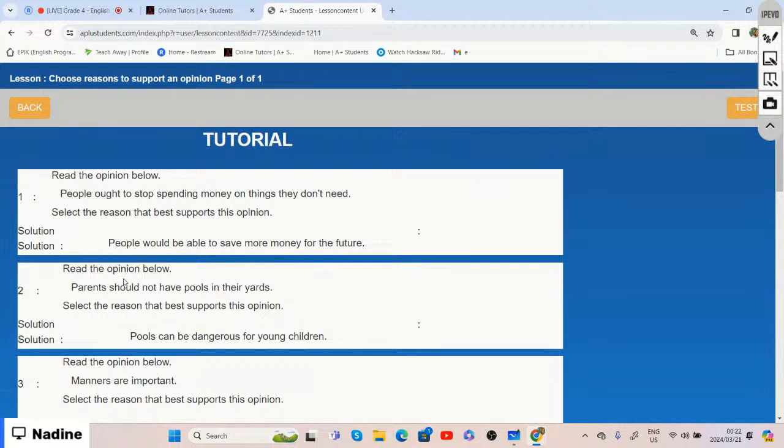So if we look at the opinion, it says people ought to stop spending money on things they don't need. If you hear somebody saying that, what do you think can be the reason for that saying?